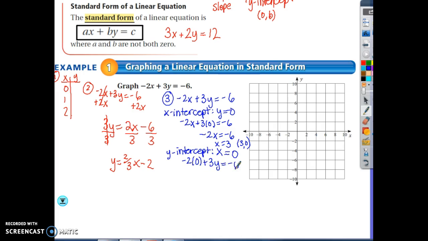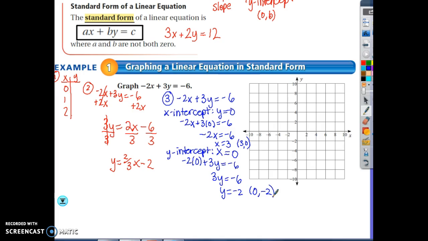But remember again, negative 2 times 0, that's just 0. So really, this is just 3y equals negative 6. So y is equal to negative 2. This leaves us with the x value of 0 and a y value of negative 2. So the point 0, negative 2 is on your graph.